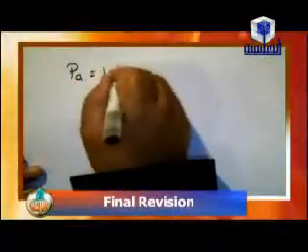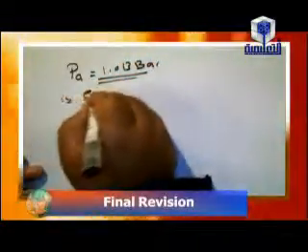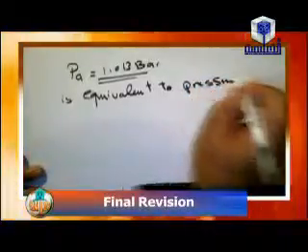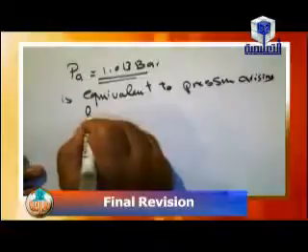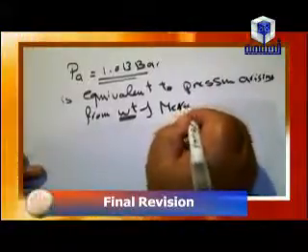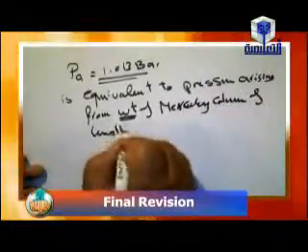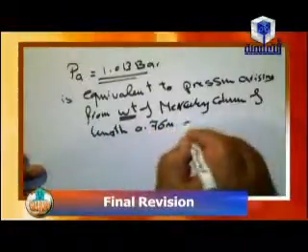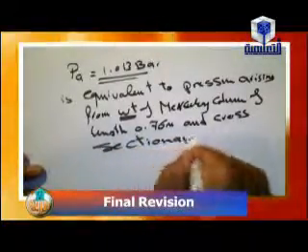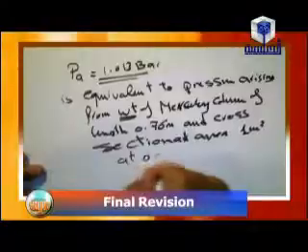Atmospheric pressure equal to 1.013 bar is equivalent to the pressure arising from the weight of a mercury column of length 0.76 meter and cross-sectional area 1 meter square at 0 degree.